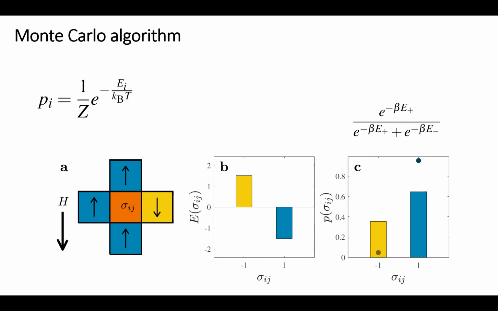Is this clear? Any questions? So each state has a probability, and they are exponentially proportional to the energy of the state. For this particular particle, the physical intuition is that it has three neighbors that are up, right? Think about these as magnets.